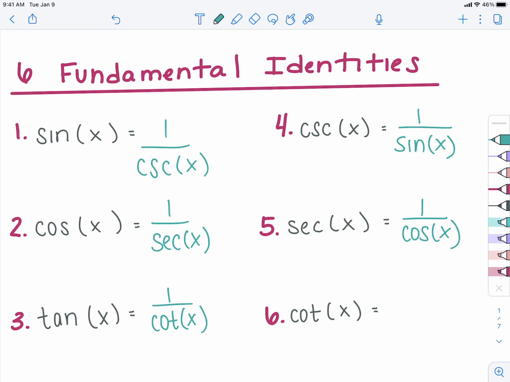And cotangent is 1 over tangent. So these are just our rules that we can use to plug in. Sometimes it might be helpful for us to actually change sine into cosecant, because then maybe we can cancel out a cosecant somewhere else, or we need to get cotangent to be tangent, so we can flip-flop them back and forth using these rules.